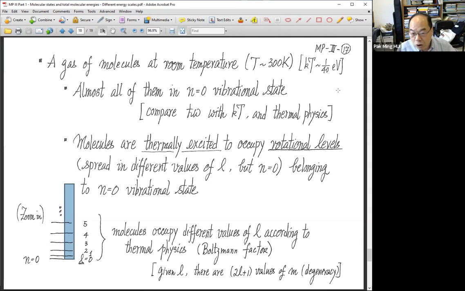Thereby, room temperature is actually bigger than that typical scale. So you need to use the Boltzmann factor, the exponential of minus energy over kT. That will give you how many molecules will be in different rotational states labeled by L. Okay?